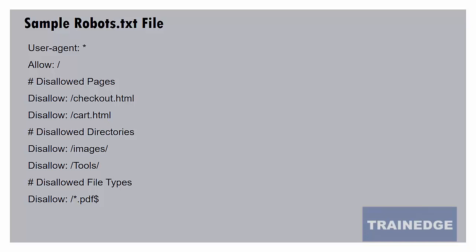We don't want the PDFs to be available in search results. We want people to be able to access that only after they fill out a form. So we are disallowing Google or Bing to index those PDF files. So the instruction for that is disallow star.pdf, meaning any file which is a PDF file should not be indexed or should not be accessed by the bots.